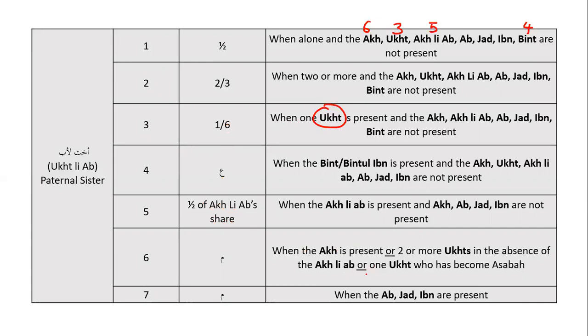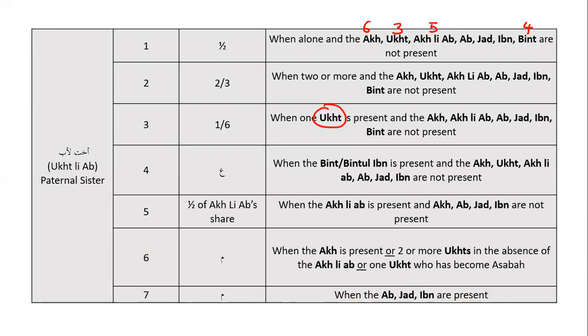And the third part of condition number 6 is when 1 Ukht who has become Asaba. Inshallah, this condition number 6 we'll look in detail later anyway, just as a brief overview. So if there is already another Ukht who has become Asaba, then the Ukht li'ab will become mahroom. Condition number 7 is when the Ab, Jad, Ibn are present, then the Ukht li'abin is mahrum.